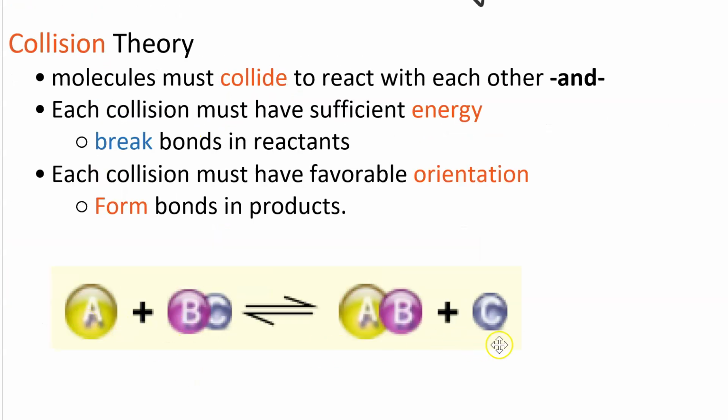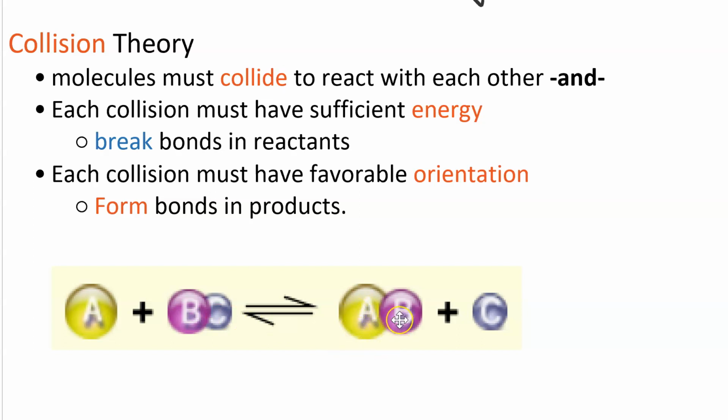Consider this hypothetical chemical reaction pictured. We have atom A colliding with a diatomic molecule that contains one atom of B and one atom of C. During the collision, the bond between B and C must break. So, slow collisions that don't have enough energy to break that bond will not be effective.